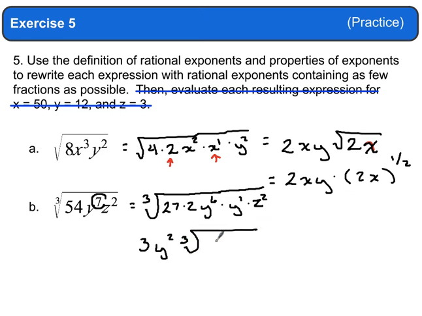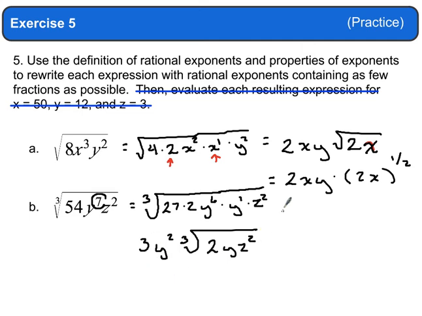And everything else has to stay on the inside. So the 2 stays in there, the y stays in there, and the z squared stays in there. And so that would be the radical version of that.